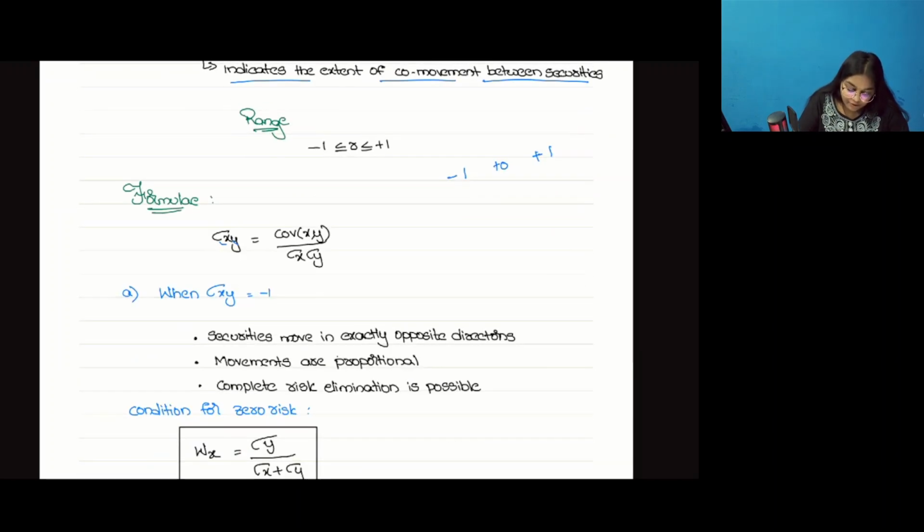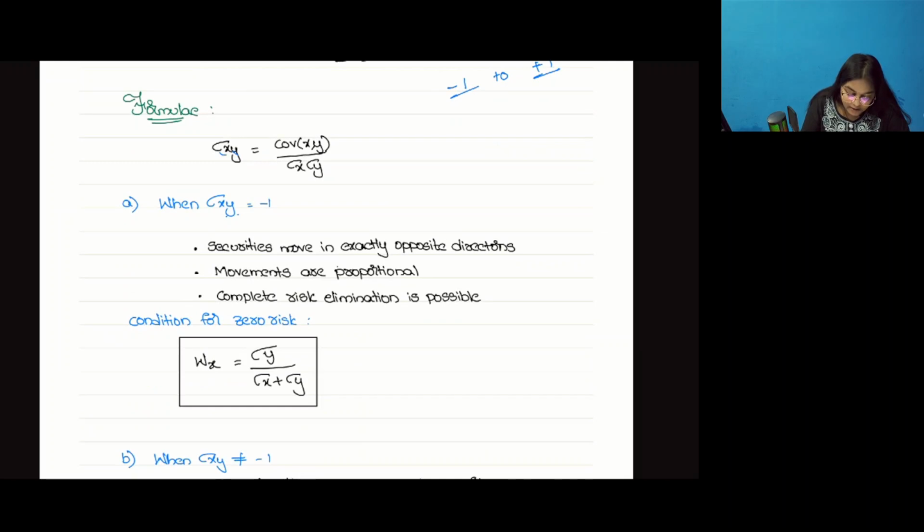It ranges from -1 to +1, but here if the correlation coefficient is equal to -1, then it means securities move in exactly opposite directions. If we take the previous example, X and Y, 10, 20, 30 and 20, 15, 10, here both are moving in opposite directions.